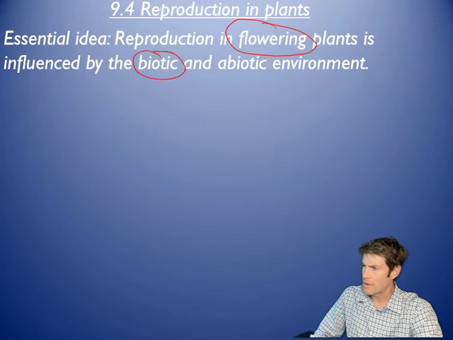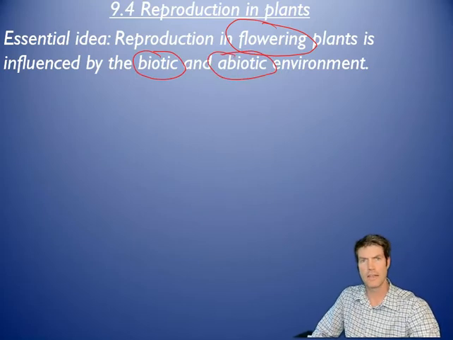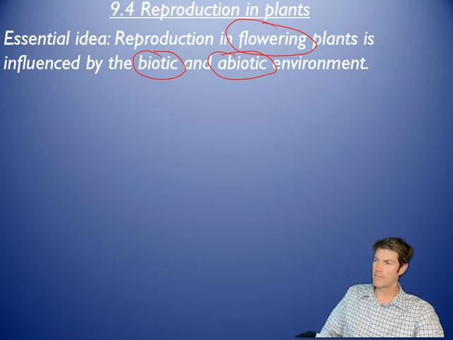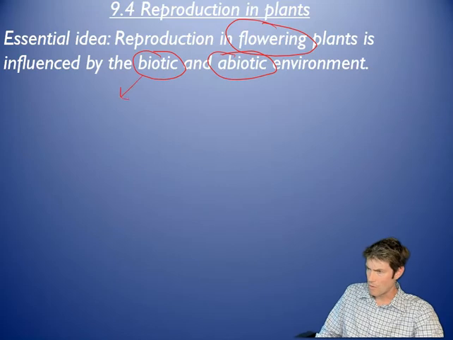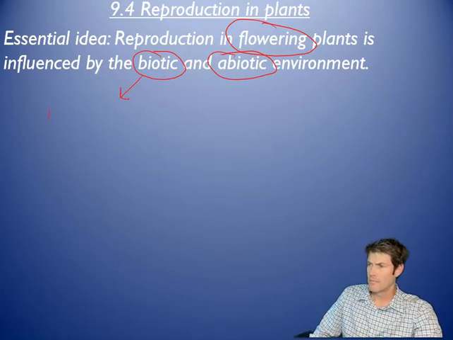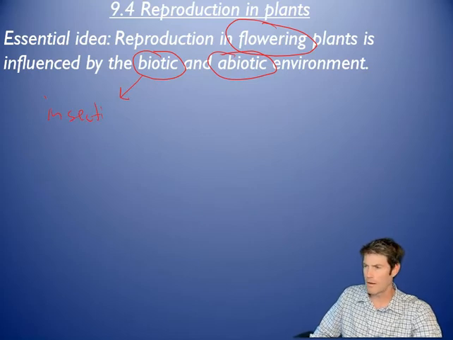So the flowering process and the reproduction that is created in that event have a lot of biotic and abiotic factors. Now, you all know about pollinators, insect pollinators, and tell me which one we normally think about when we think about insect pollinators.